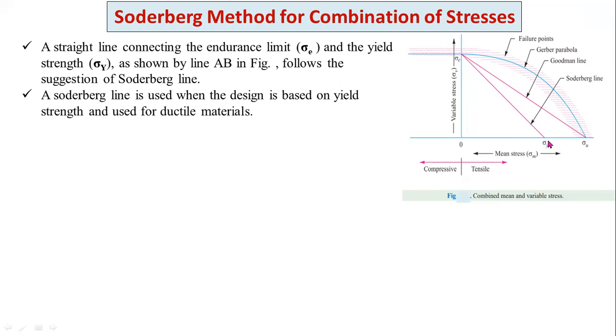The Soderberg line is used when the design is based on yield stress. So we have to design the components based upon yield strength, that is yield stress. This method is useful for ductile materials, not for brittle metals.